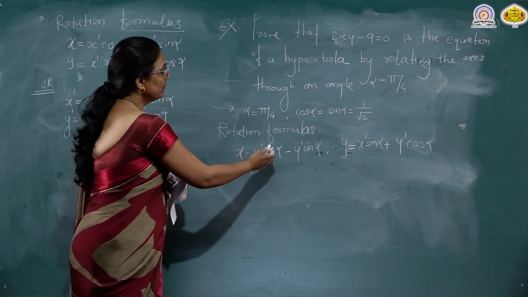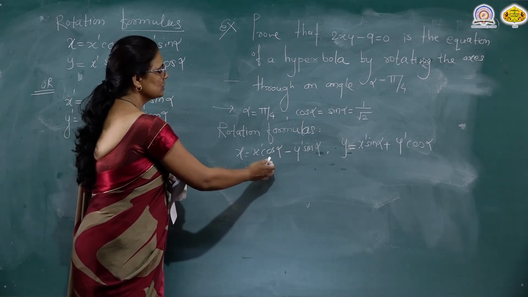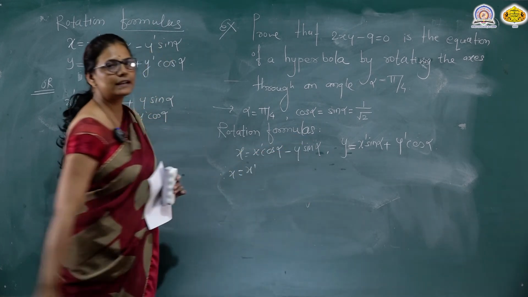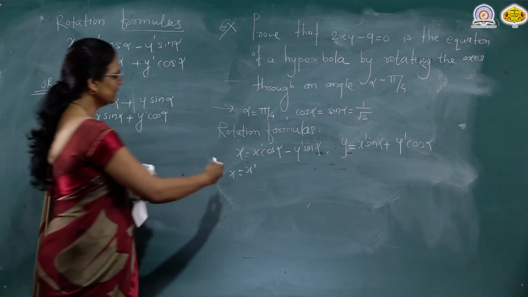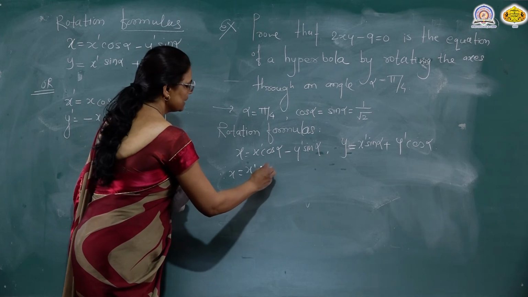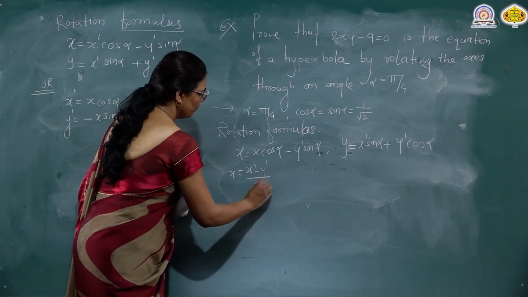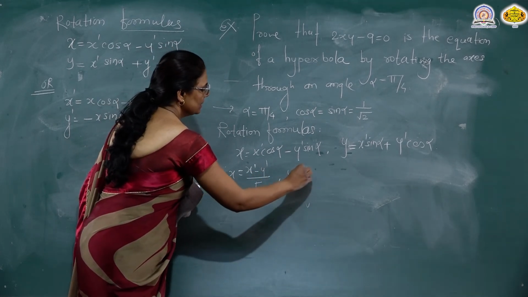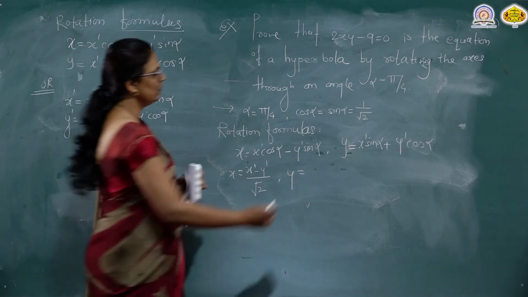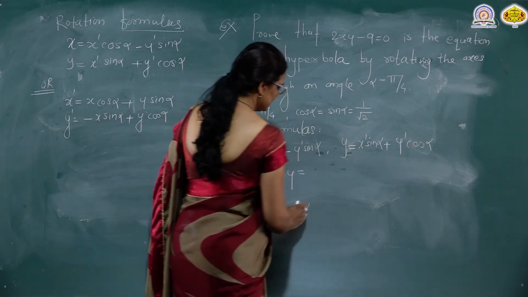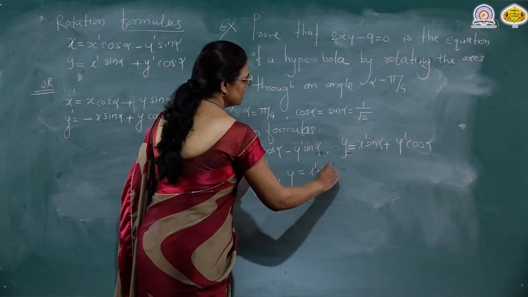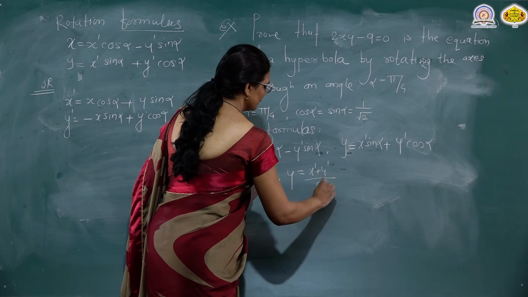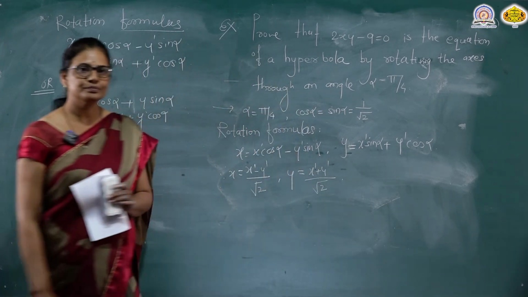So directly when we put here cos alpha equals to 1/√2, sin alpha equals to 1/√2, and take 1/√2 as common, it can be written as x equals to x dash minus y dash upon √2, and similarly y can be written as x dash plus y dash upon √2.